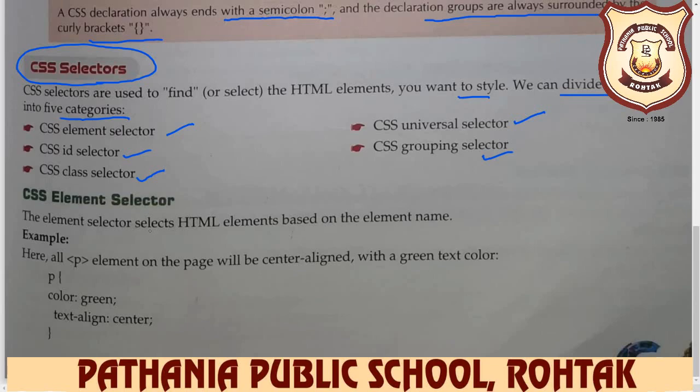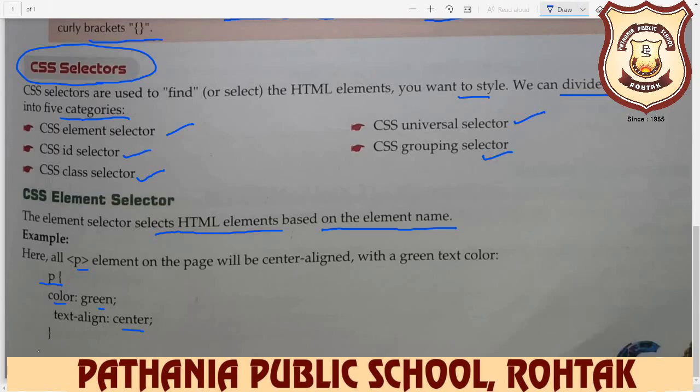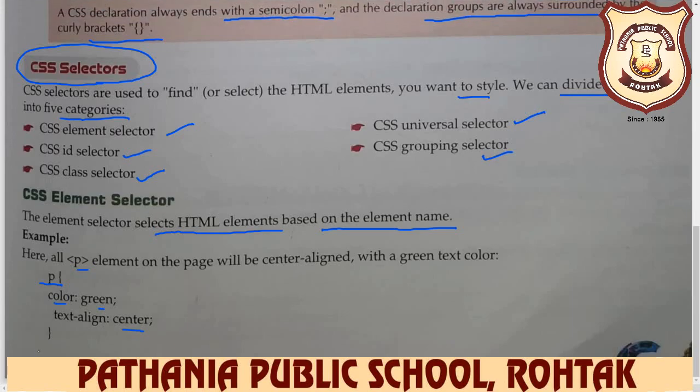The element selector selects HTML elements based on element name. Here all the P, H1, H2 elements on the page will be center aligned with a green text color. When you write down P, directly write down your element name, and after that you write down curly braces, and then you define the property and value. This means your element selector.